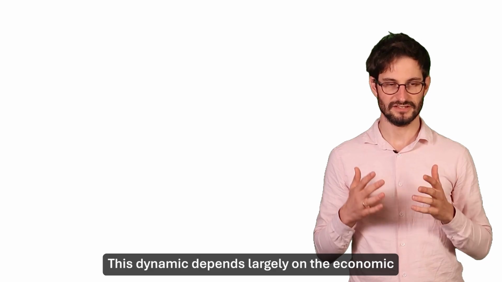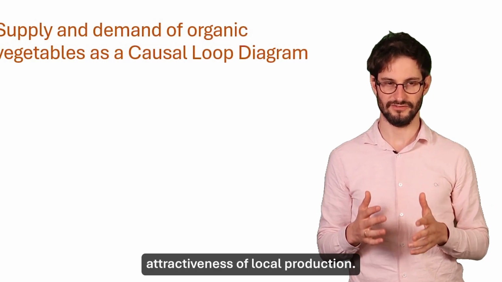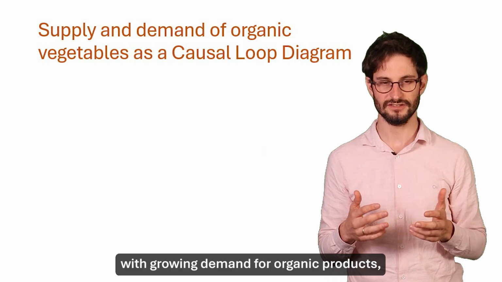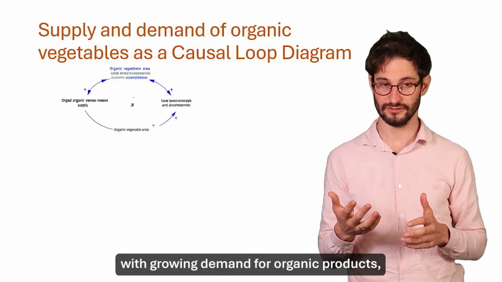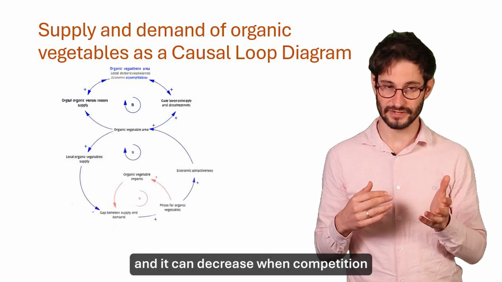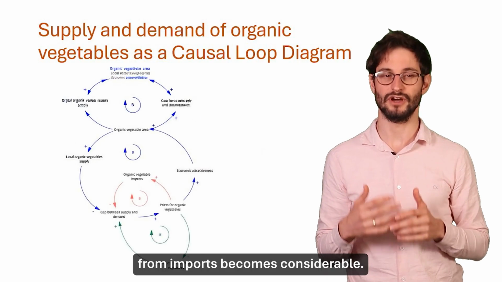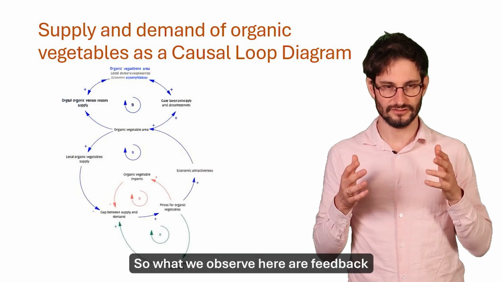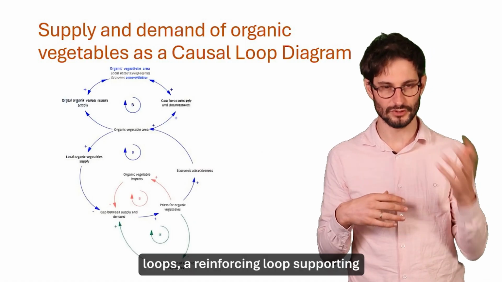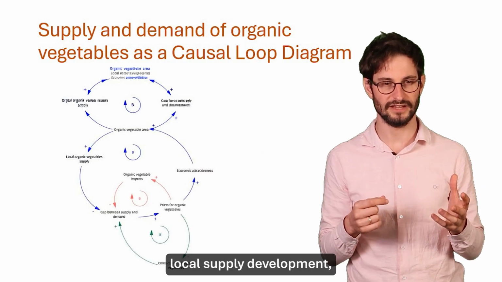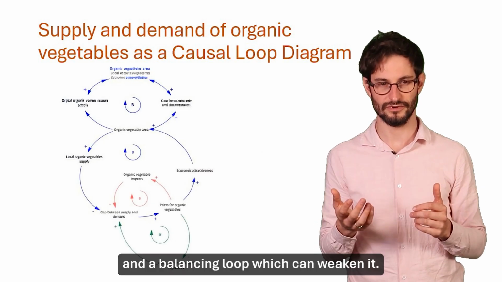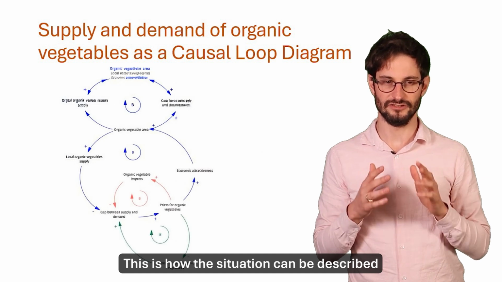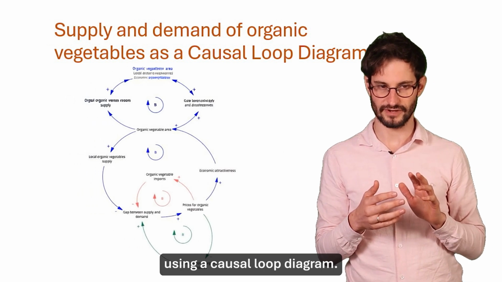This dynamic depends largely on the economic attractiveness of local production. This attractiveness can increase with growing demand for organic products, and it can decrease when competition from imports becomes considerable. So what we observe here are feedback loops, a reinforcing loop supporting local supply development, and a balancing loop, which can weaken it. This is how the situation can be described using a causal loop diagram.